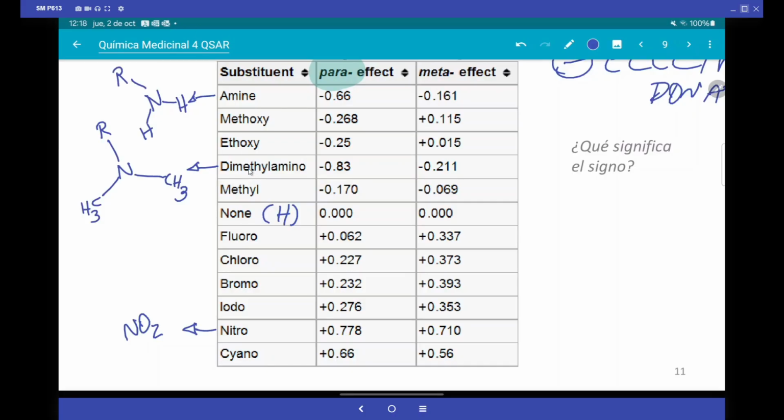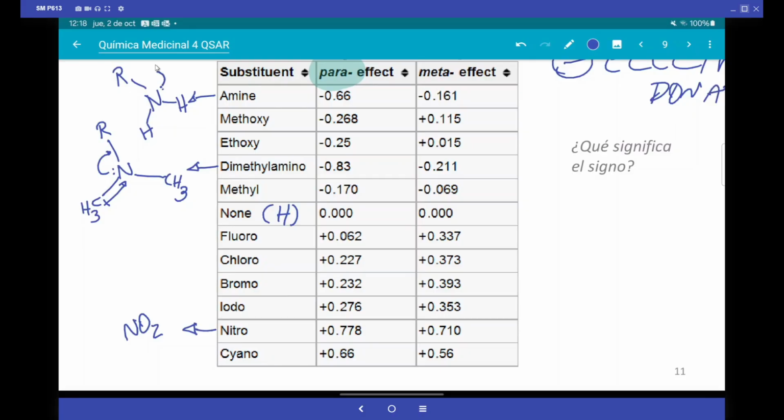Because dimethylamine is more electron-donating than the amine that has nothing. What is the difference? Of course, the contribution made by the methyls, by inductive effect. So we have the resonance effect of the amine, plus the inductive effect that the methyl groups can do simultaneously. Here I have only the resonance, but not the inductive effect.